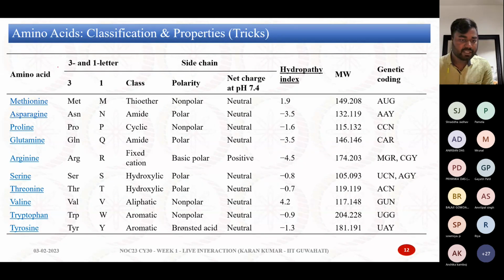Now, methionine is represented as M. Another thing you need to remember is glutamine, which is represented by Q. Arginine, as the word says, R. You need not stress about remembering that, because arginine itself, the phonetics comes as R. Another thing you need to remember, tryptophan is represented by W, tyrosine is represented by Y. Okay, and these are the three-letter codons.